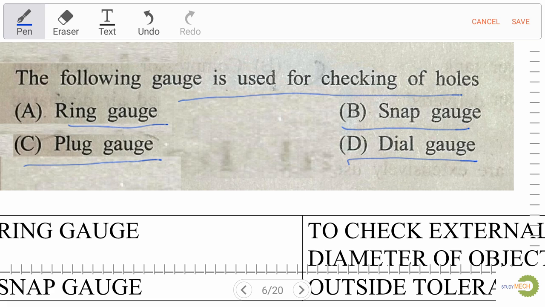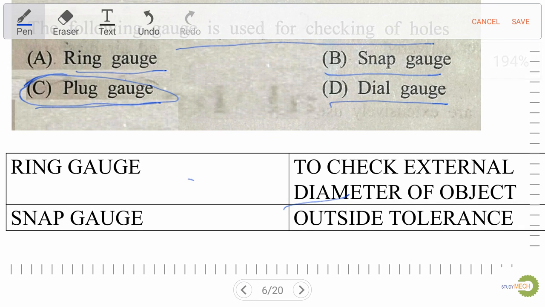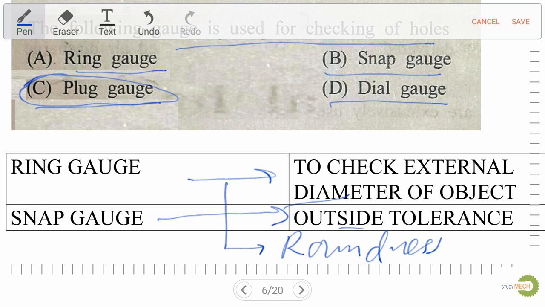Well, our right answer is option C plug gauge, because ring gauge is used to check the external diameter of an object, and it is also used to check the roundness of an object. Now snap gauge is used to check the outside tolerance of an object. So remember these details, very important.